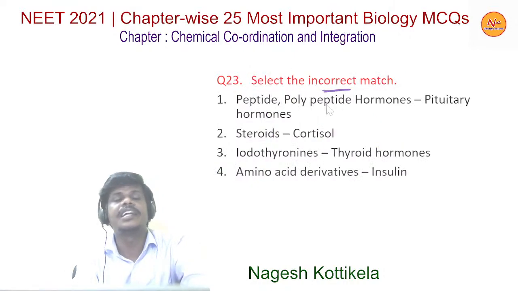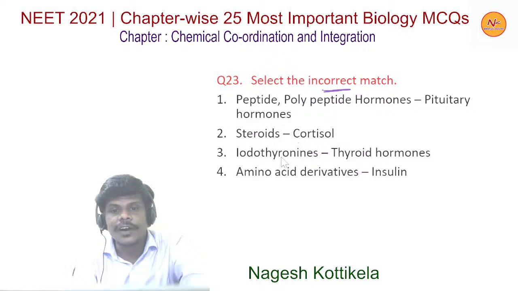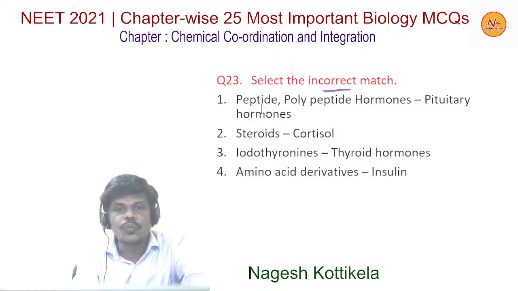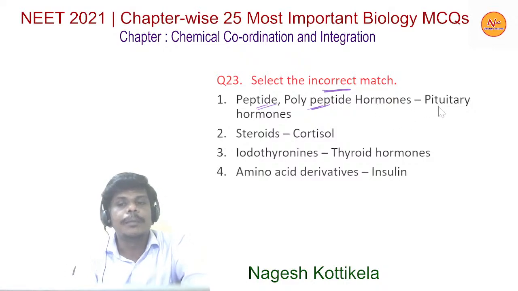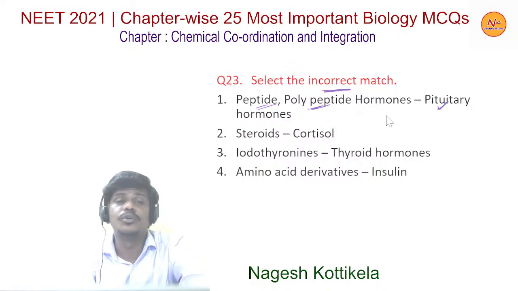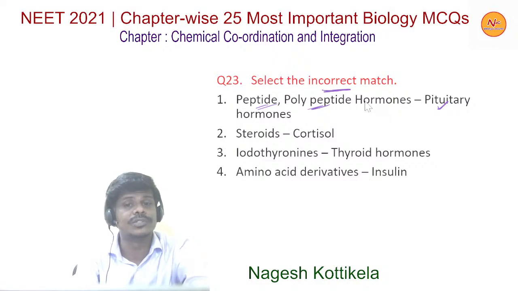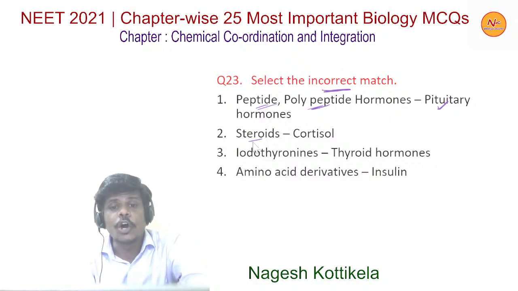Now moving to the next question. Select the incorrect match. Here option 1, peptide polypeptide hormones, example pituitary hormones. This is the correct one. Pituitary hormones are mostly peptide or polypeptide hormones. Now steroids, cortisol.